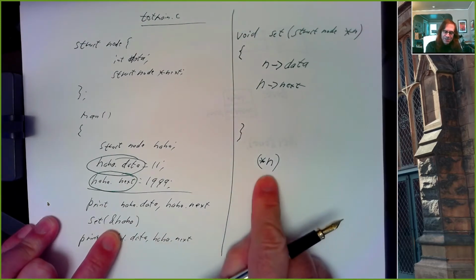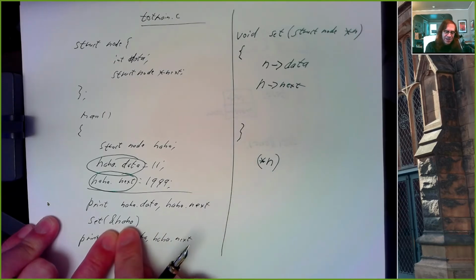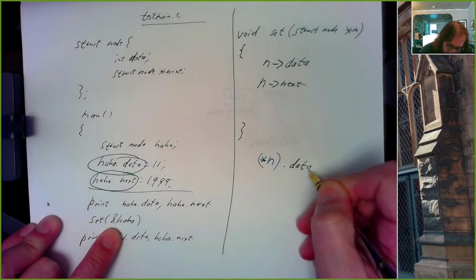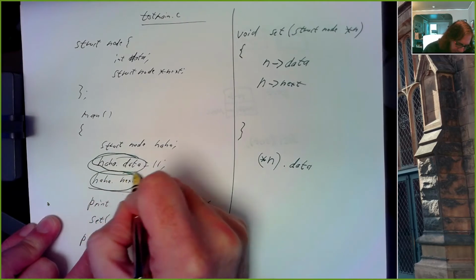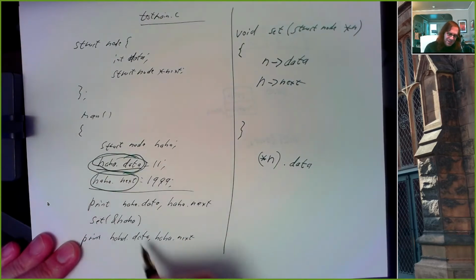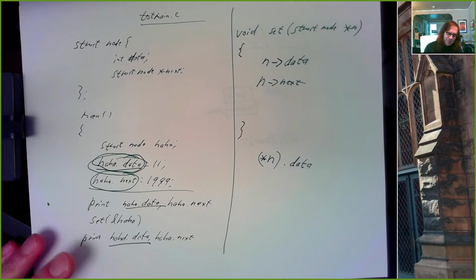So if I look at what's at that address, I am looking at this variable called haha, not a copy of it. I'm looking at the actual variable that main calls haha. And so if I look at this thing .data, I'm actually looking at this exact memory location. And so if I set that equal to 22 in this case, when I come back to main, haha.data is going to be 22.